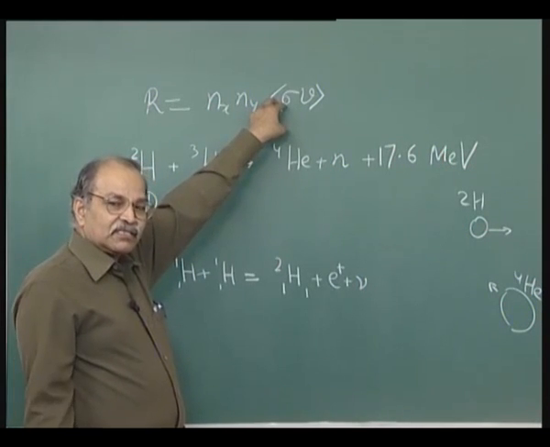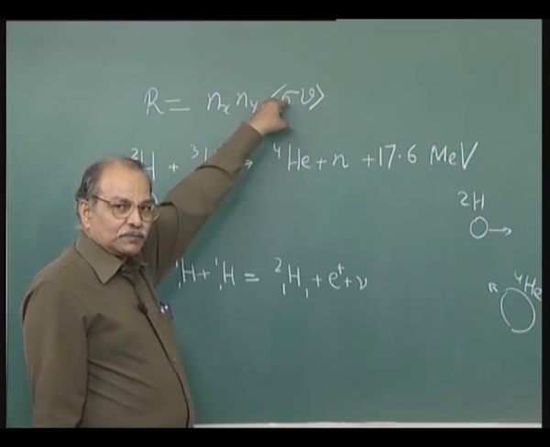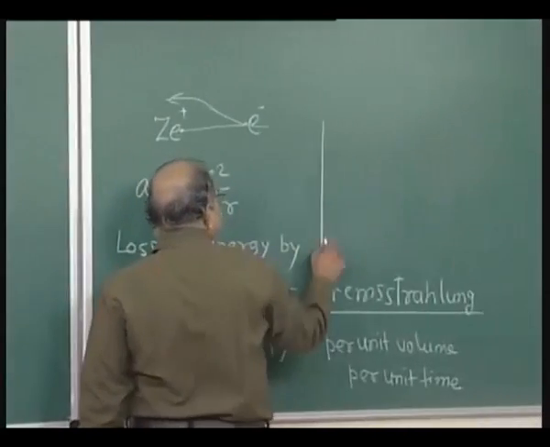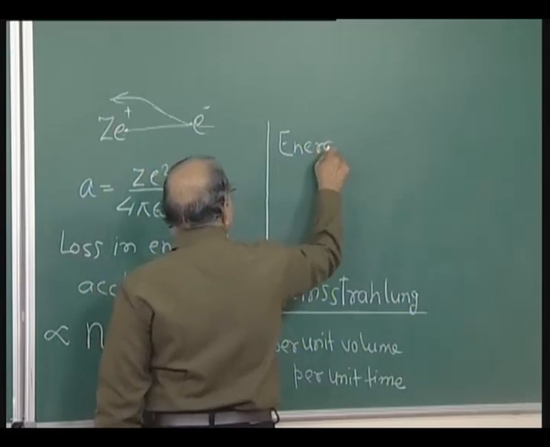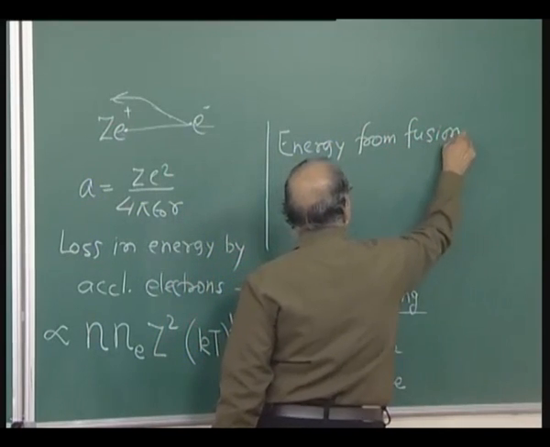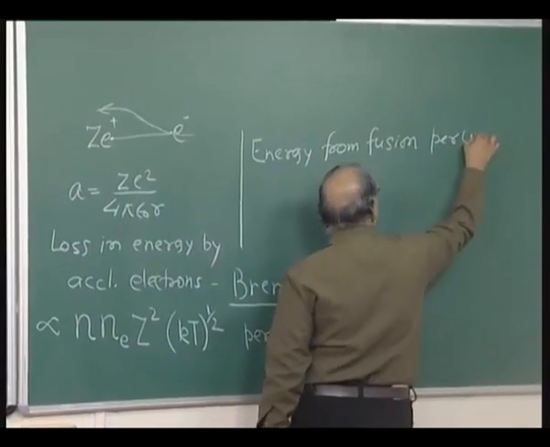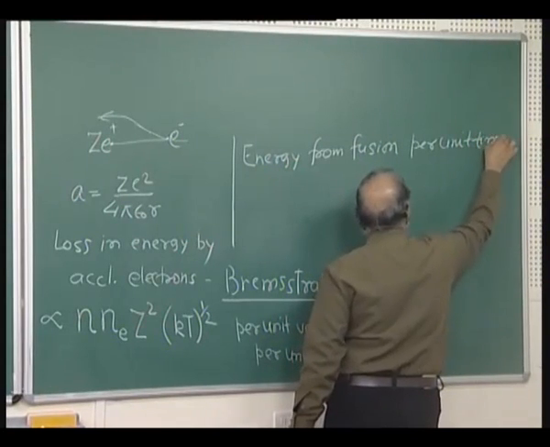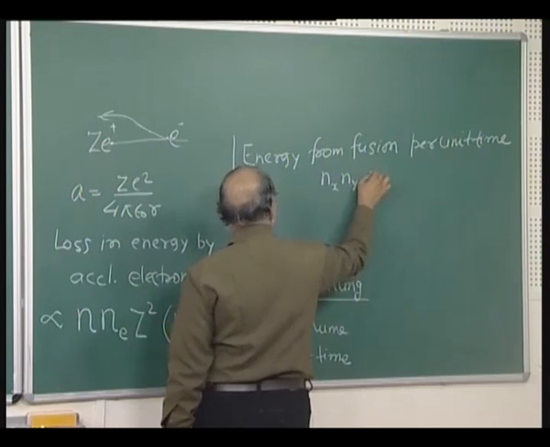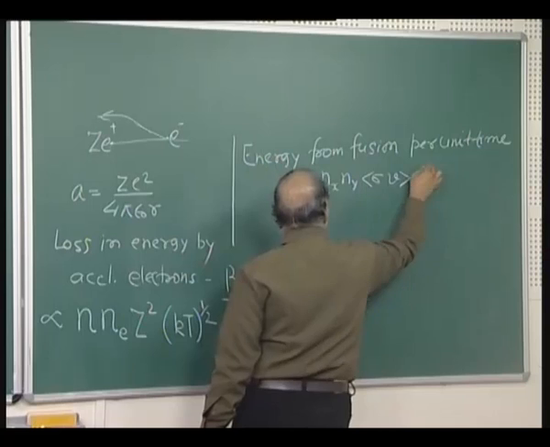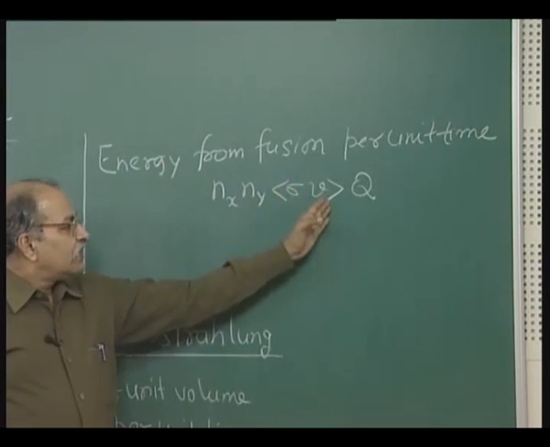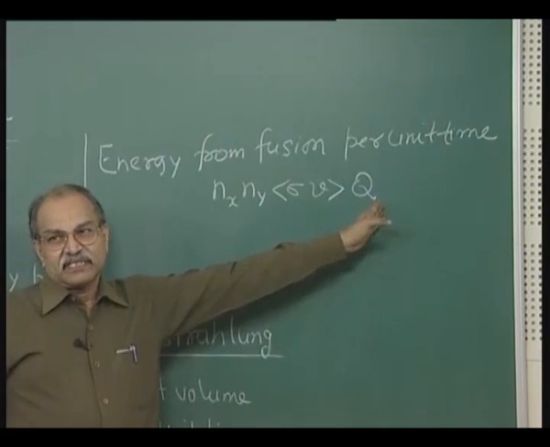In each reaction, if the energy emitted is capital Q, then the energy from fusion per unit volume per unit time will be that reaction rate Nx Ny sigma V, and then Q. There is a number of fusion reactions taking place per unit volume per unit time, and from each reaction Q amount of energy is coming out.